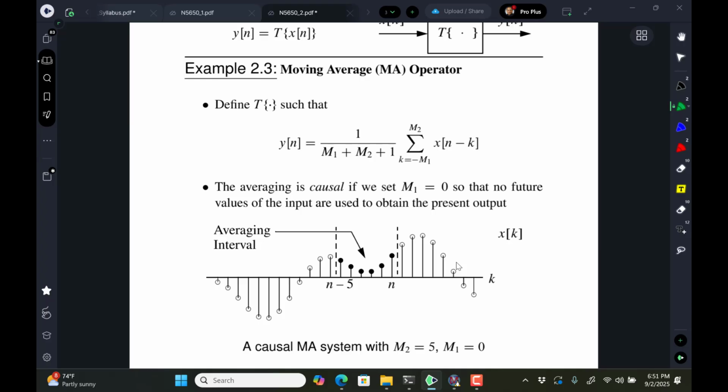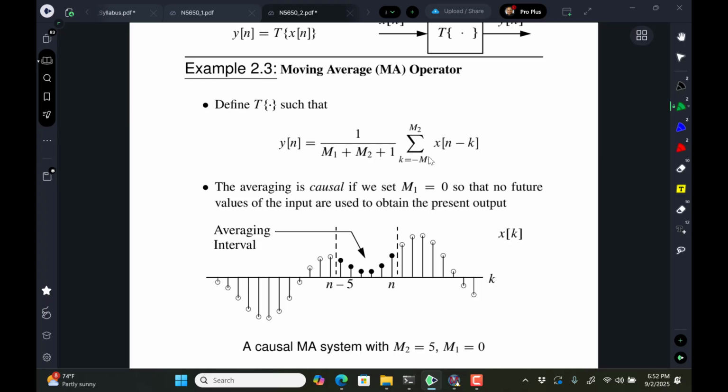They say this stock has been doing well because we've averaged it over so many months and we've seen it has a nice trend to it. So the moving average, if you plot it on the timeline here, is taking M1 future values, and it's taking M2 past values, I'm saying this backwards.